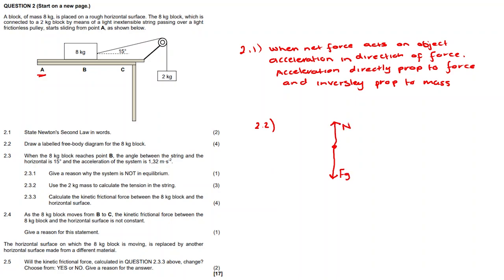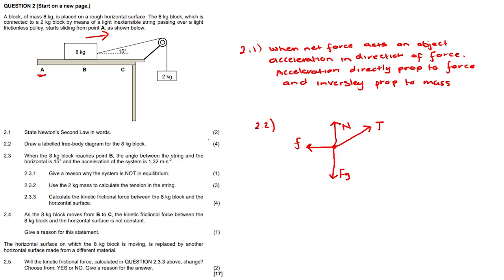As they say in the question, rough horizontal surface, so we know that there's friction. Since the object is moving in this direction, friction is in the opposite direction, therefore this way. And then the tension of the string, which is holding the block, at a 15-degree angle, so we make it at a slight angle. And then this is friction, and this is tension.